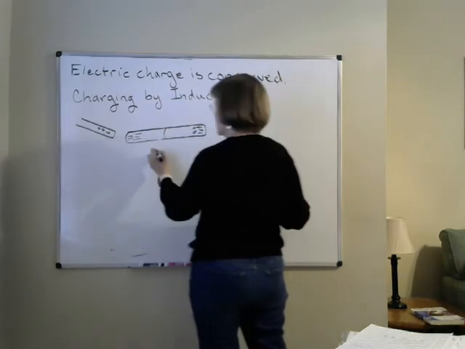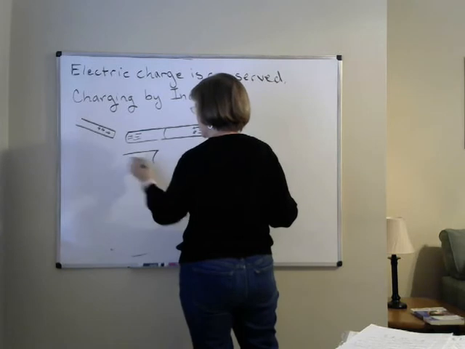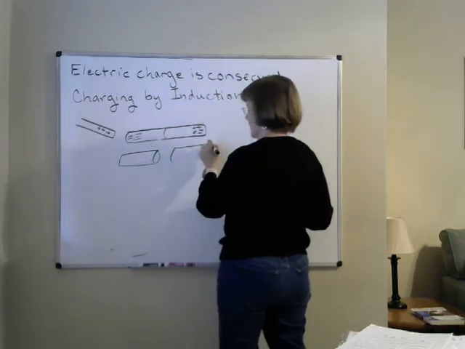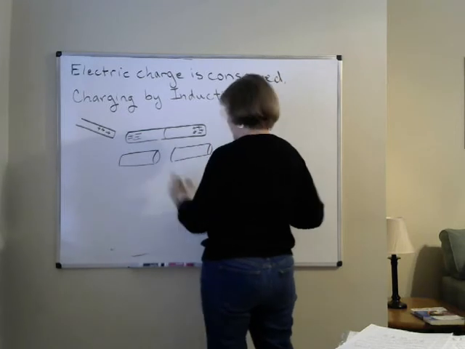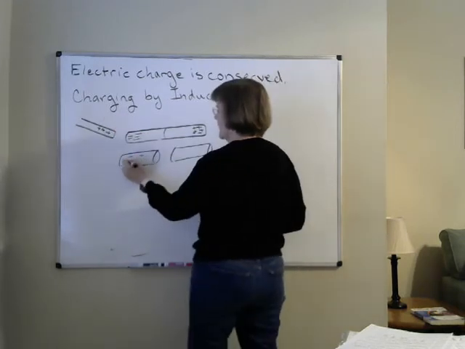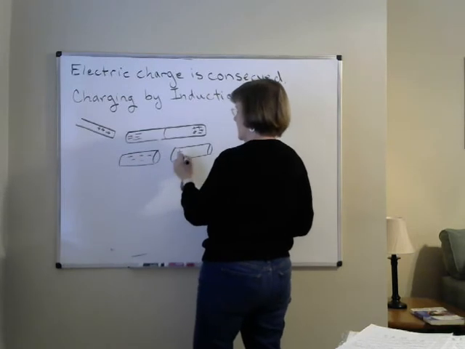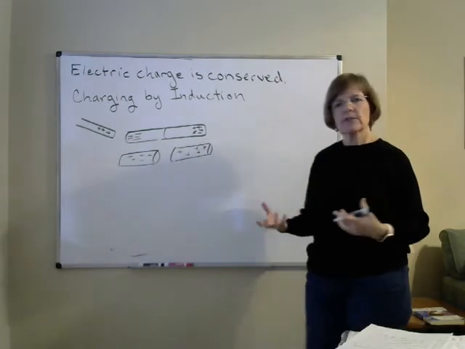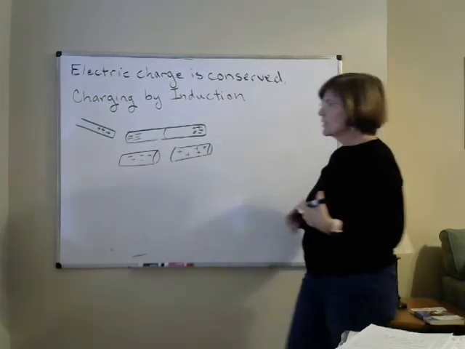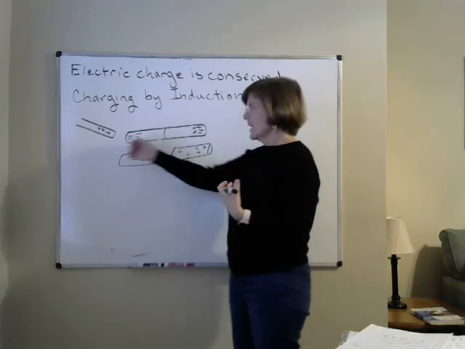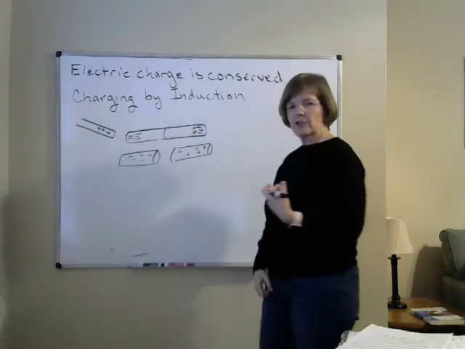If we now separate the 2 pieces, and we take away this item, this one will have ended up negatively charged, and this one will have ended up positively charged.